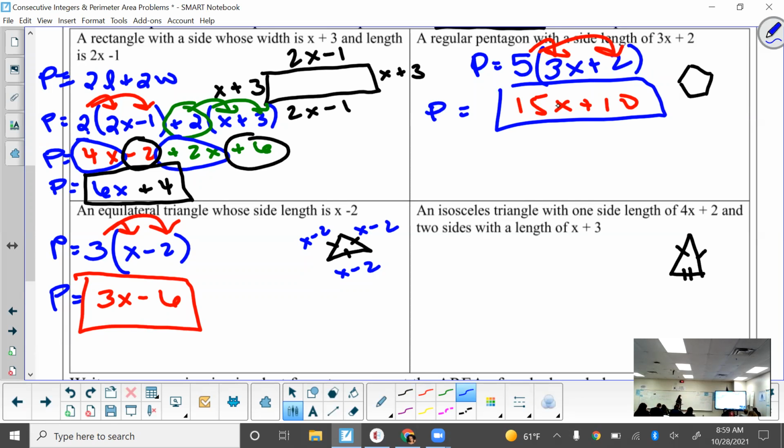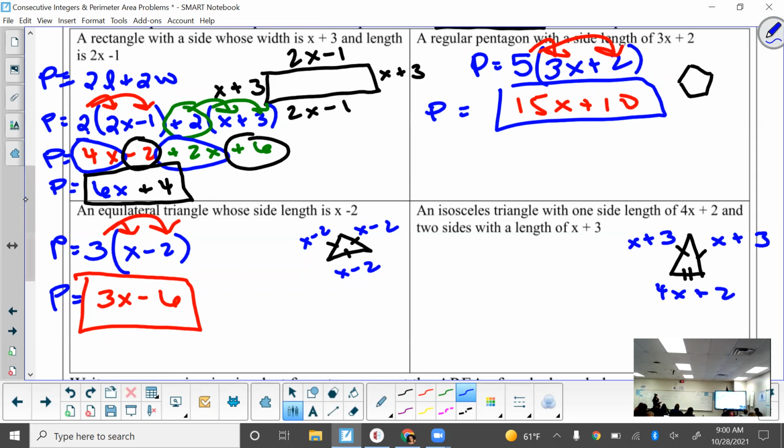The one underneath it, an isosceles triangle with a side length of 4x plus 2. Make sure you label your triangle correctly. This will help you out. And 2 sides with a length of x plus 3.